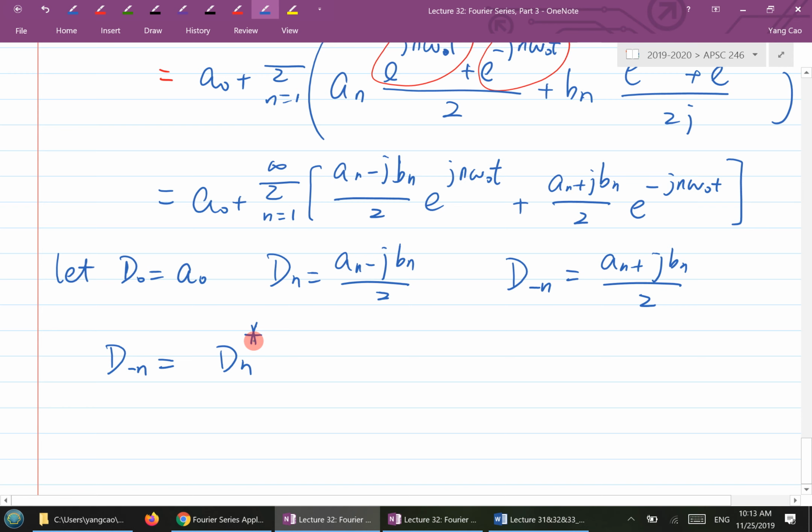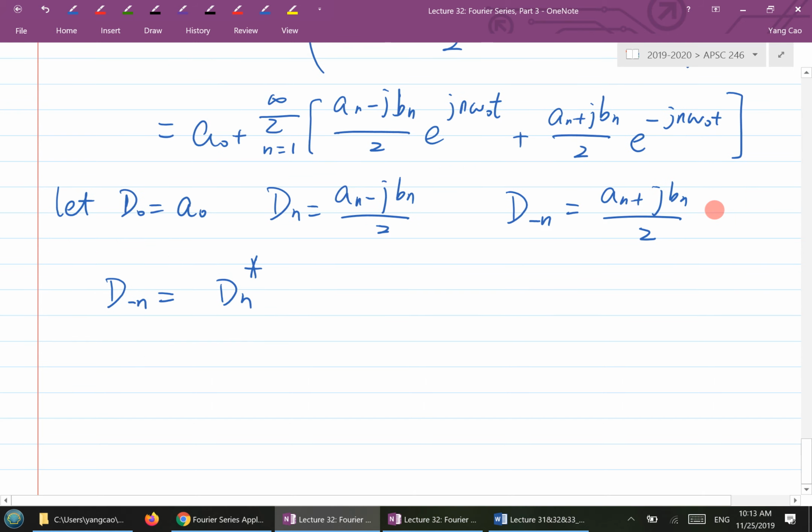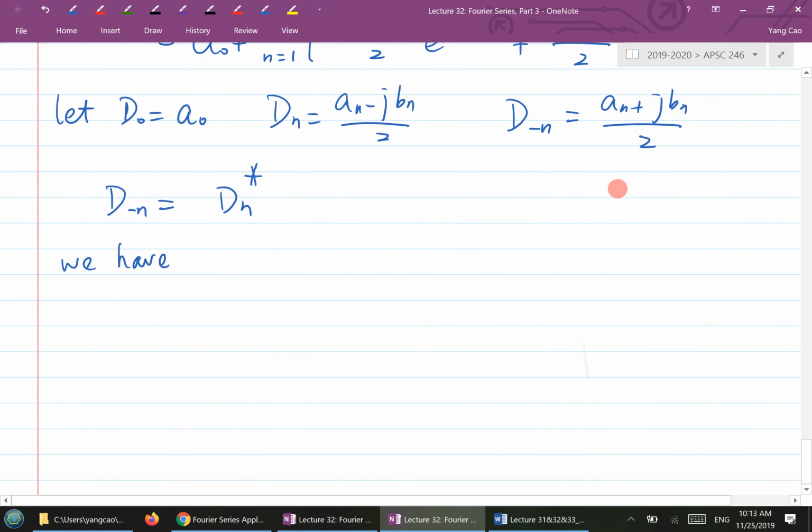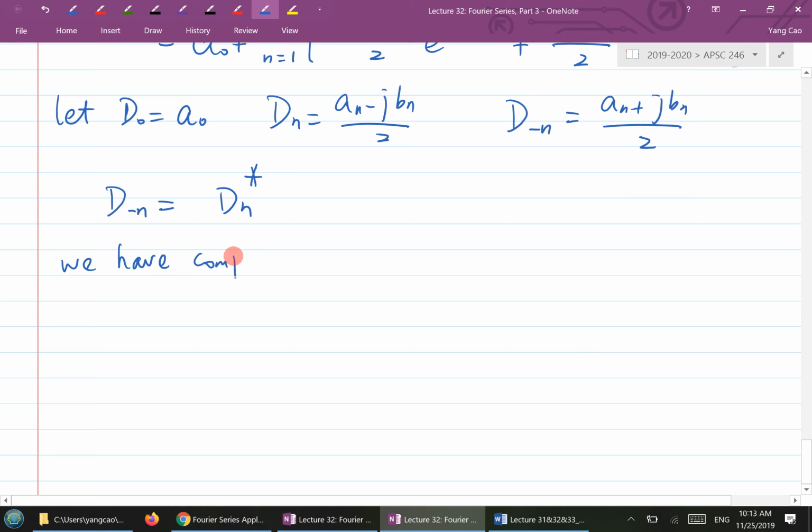Good? So now we have the so-called complex form of this Fourier series.